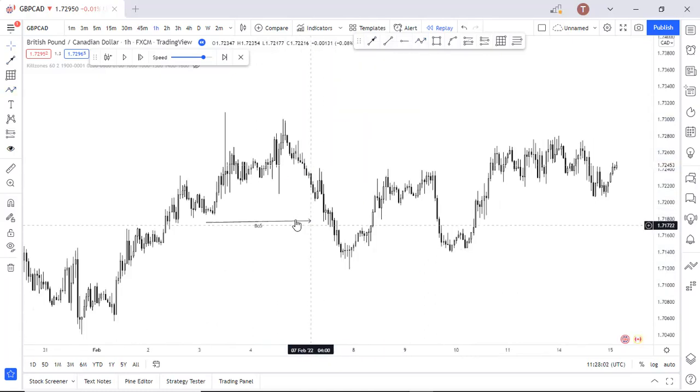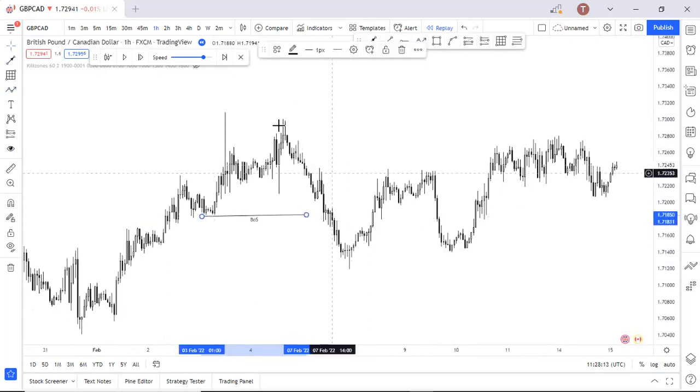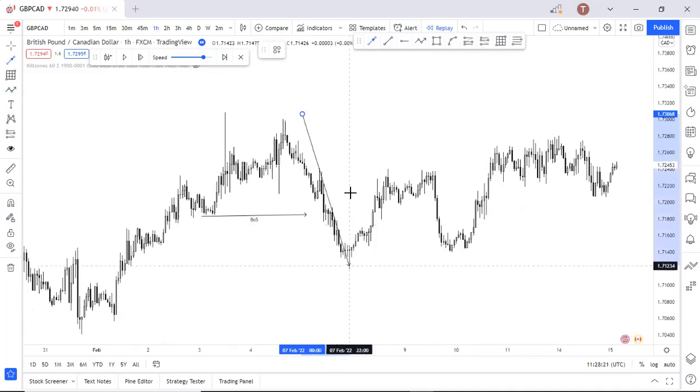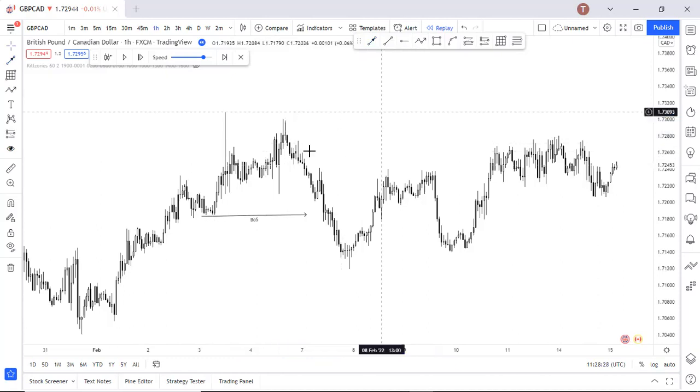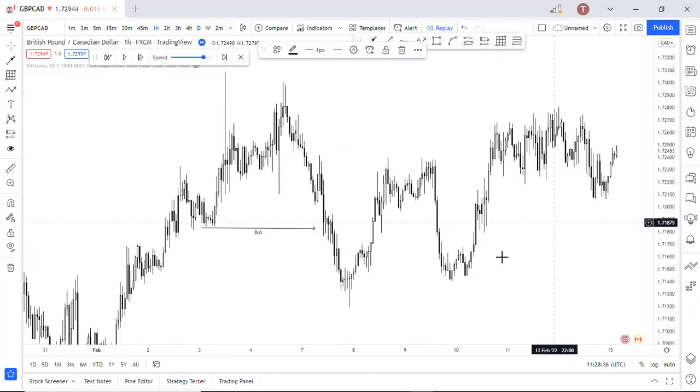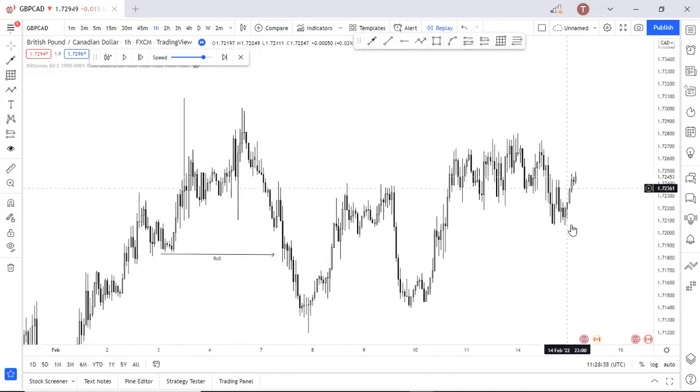Price has broken below it, and in our smart money concept trading strategy, we know once we have a break of structure, the supply zone that caused the break of structure, price will most times come back to mitigate those zones. So now in this case, we can see GBPCAD break below this low right here, showing us that we are going bearish.